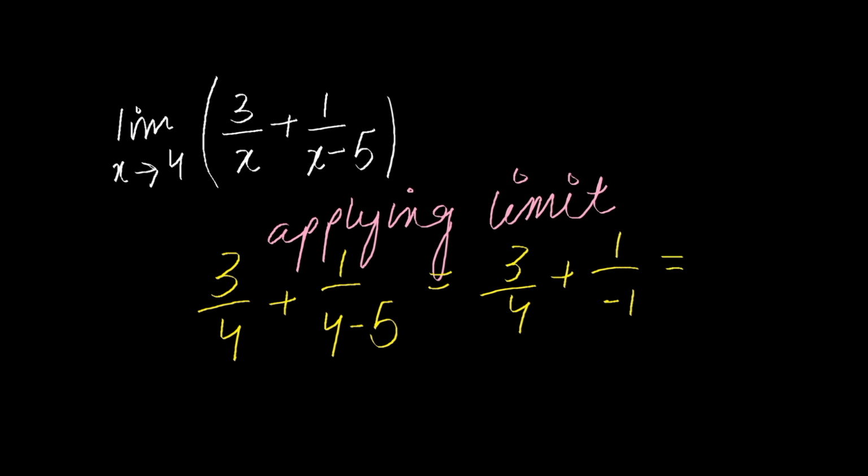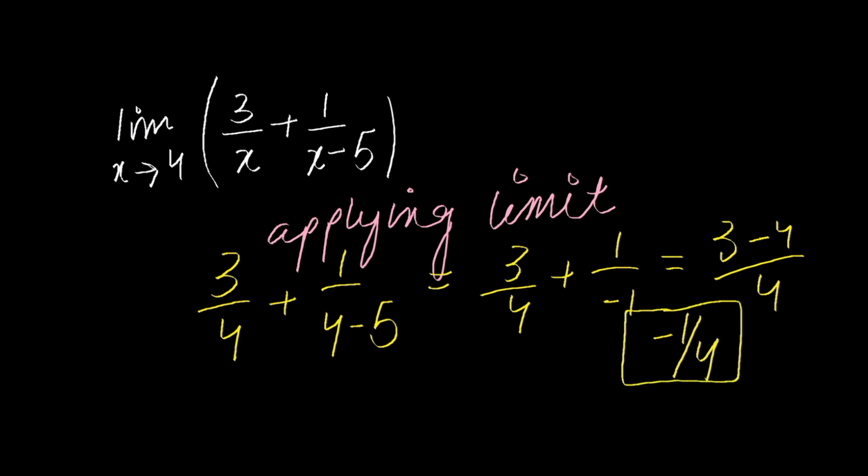So the final answer would be 3 over 4 minus 1, which is minus 1 over 4. So this is the final answer. This is how to find limit.